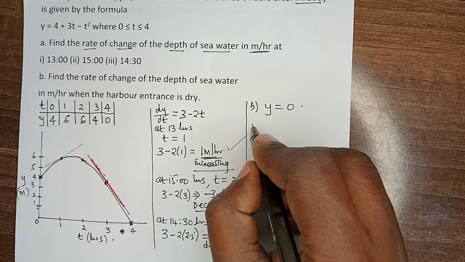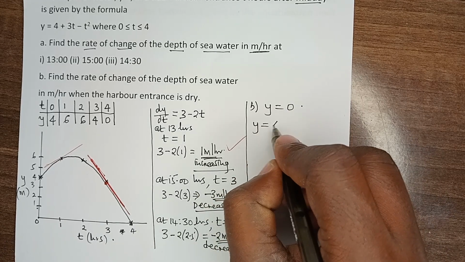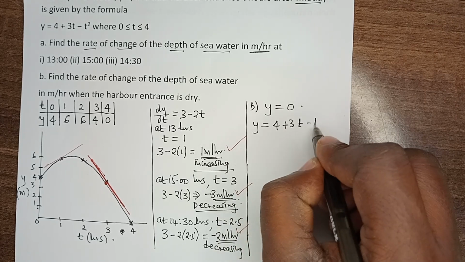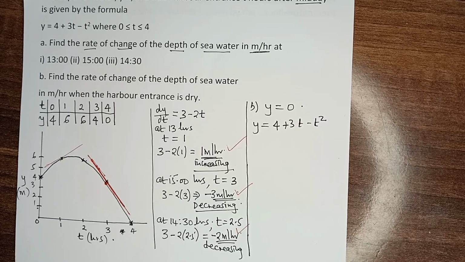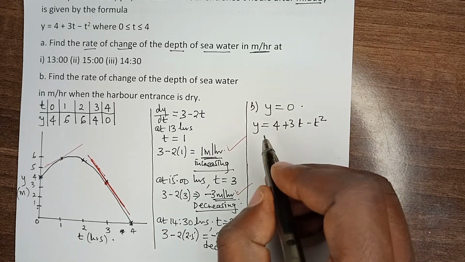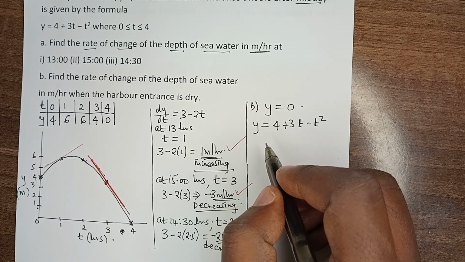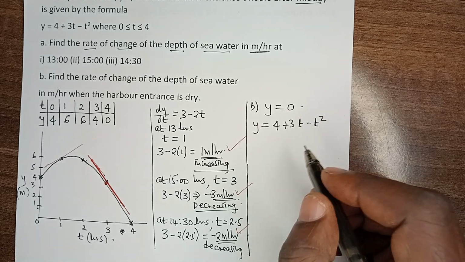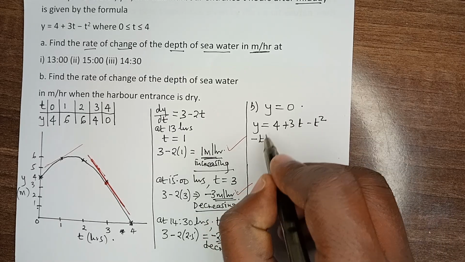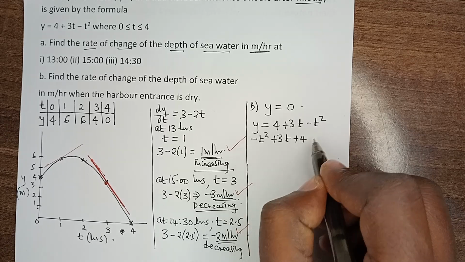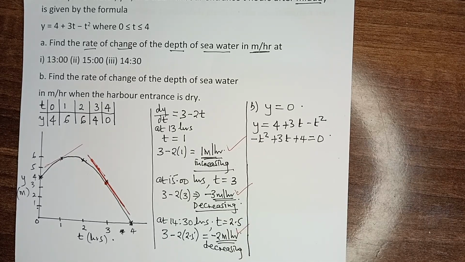And because we know y was still equal to 4 plus 3t minus t squared, we can say minus t squared plus 3t plus 4 is equal to 0.